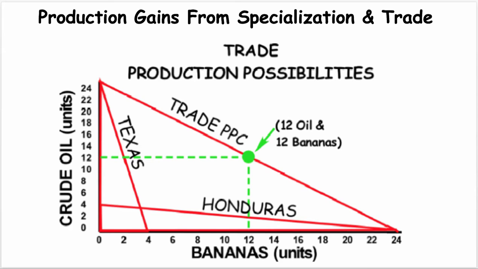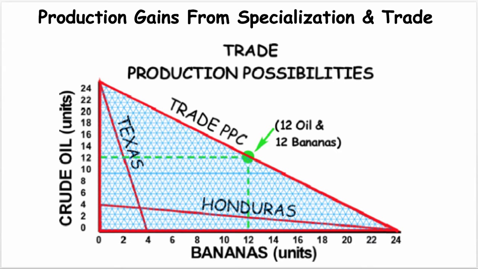Without trading, it was not going to be possible for either country to come anywhere near having 12 units of oil and 12 units of bananas. But now, without having to work any harder, it's actually possible for them to do that. The trade production possibilities for these two countries is much, much larger, hundreds of percent higher than it was before.